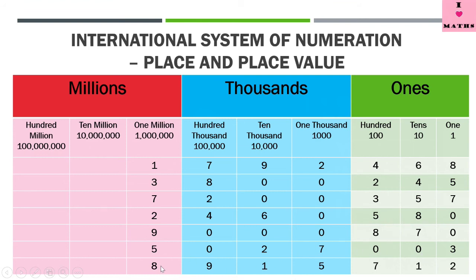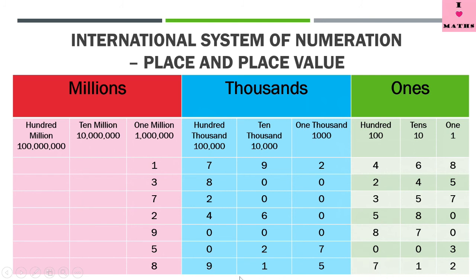Now let us see the last number, where in the millions place we have 8. Now this number will be read like this: 8,915,712.